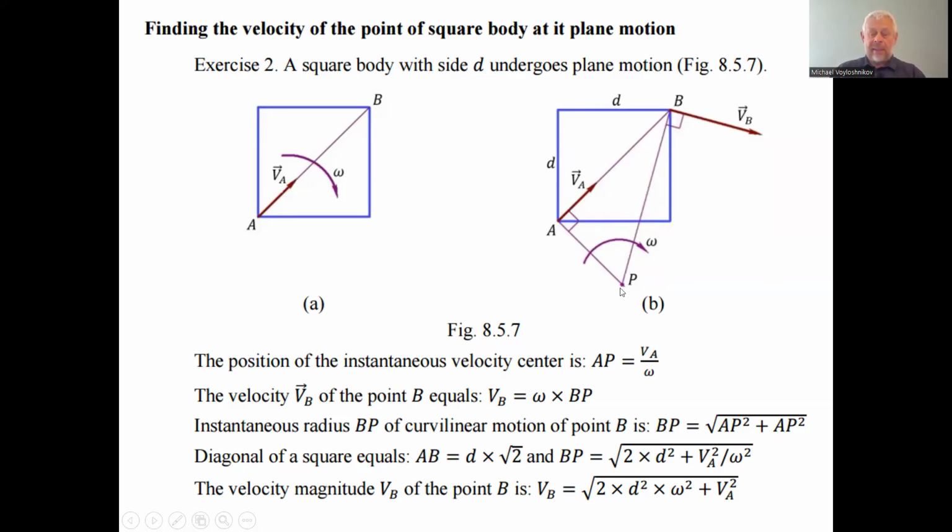The second leg is the radius PA from the instantaneous center of velocity P to the point A, and the size of the radius AP we can find by considering the rotation. This point moves with the velocity VA, and we have the angular velocity, and we can find the radius as we divide the translational velocity by the angular velocity. So under the square root, the second summand is the ratio of the translational velocity of the point A by the angular velocity of this square body.